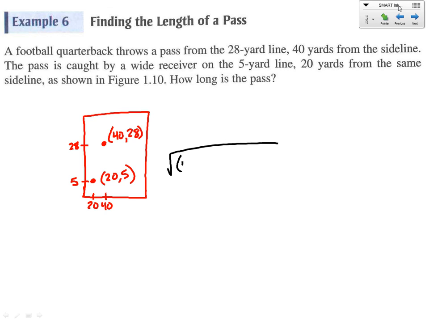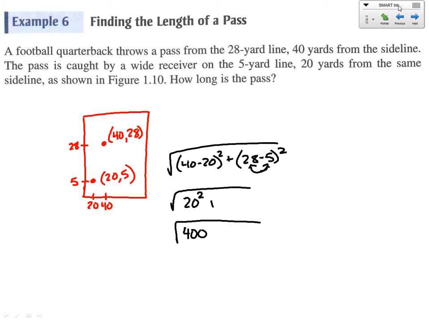Difference of the x's, 40 minus 20, plus the difference of the y's, 28 minus 5. And you'll notice it really doesn't matter which numbers I subtract here because I'm going to square them. So even if I said 5 minus 28, if I were to flip these two numbers here, it really wouldn't matter because we're going to square it, take away the negative sign. So let's see what we got here. 40 minus 20 is 20 squared, and if we were to square that, we end up with 400 plus 28 minus 5 is 23, and 23 squared, oh, can I do it in my head?